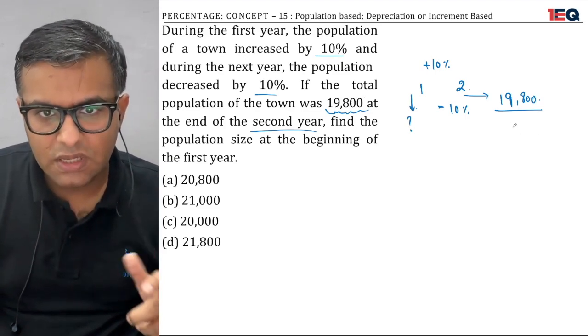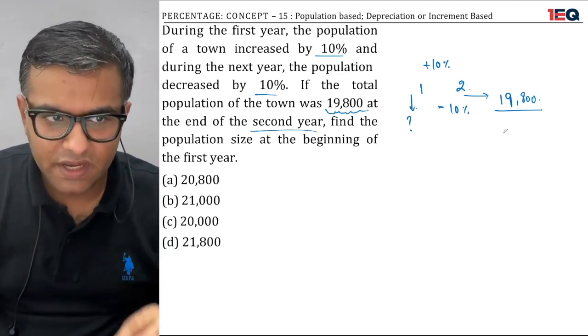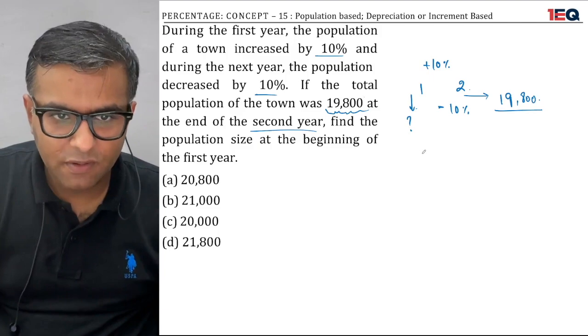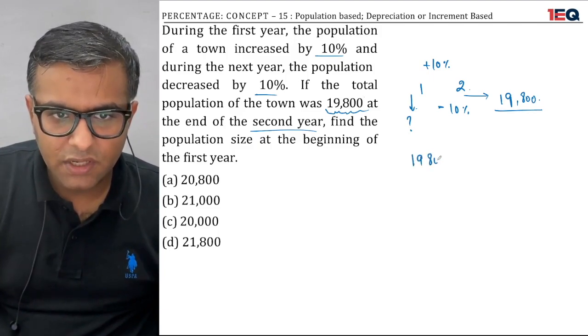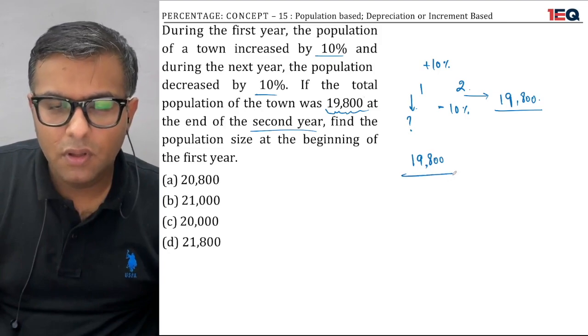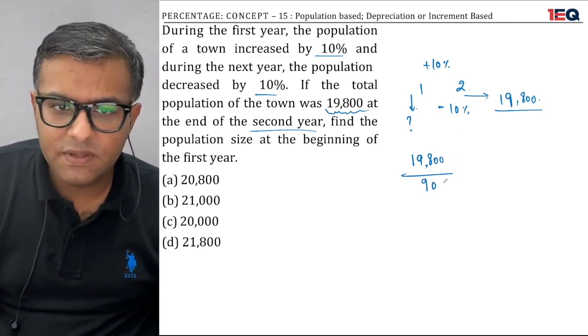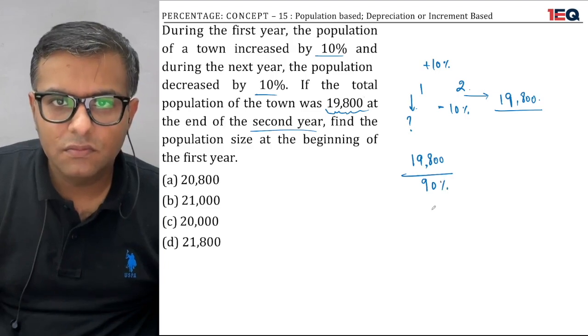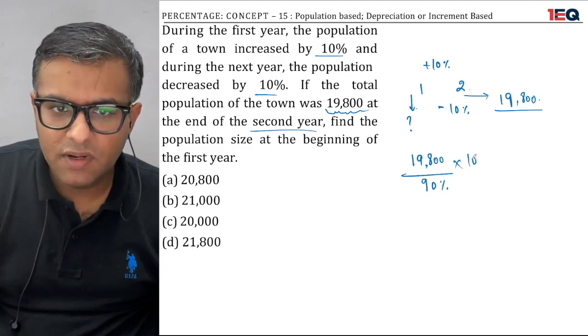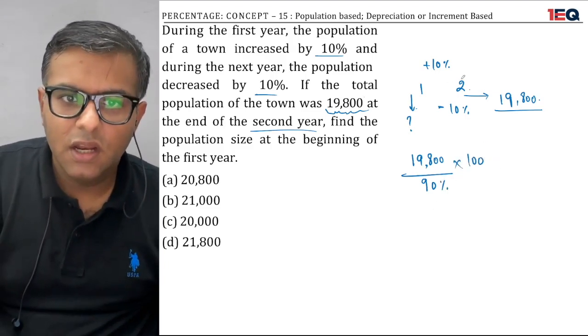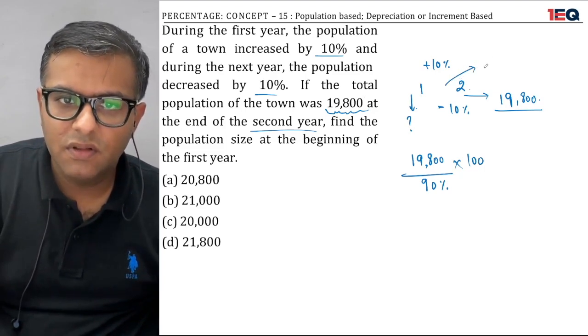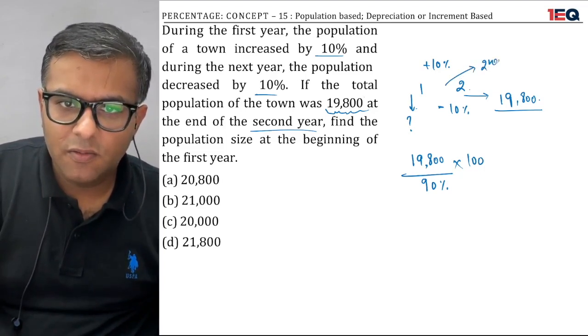So what I'll do is I'll implement the most basic formula which I have. The most basic formula is that the 19,800 has a component of 90% in it, and if it is multiplied by 100, it would give me the population of the second year beginning.